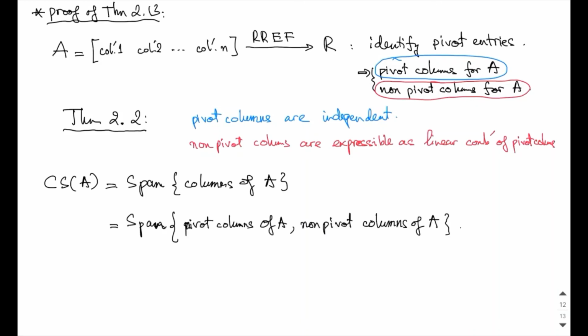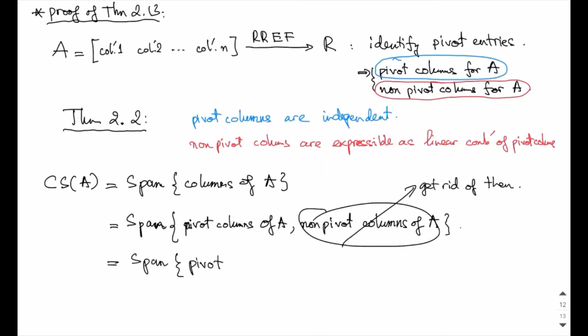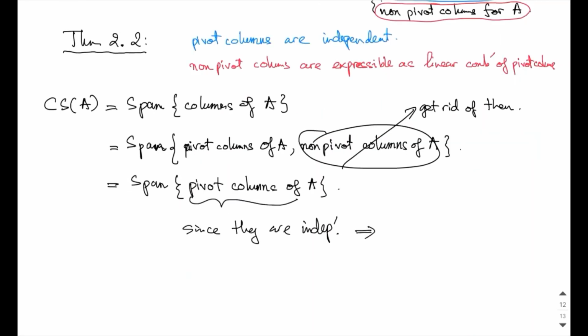But because the non-pivot columns are expressible as linear combinations of the pivot ones, we can throw these away and reduce our spanning set to only the set of pivot columns of A. Now, because the pivot columns of A are also linearly independent, and because they span the column space of A, it implies that they are a basis for the column space of A. So spanning and independence means basis.